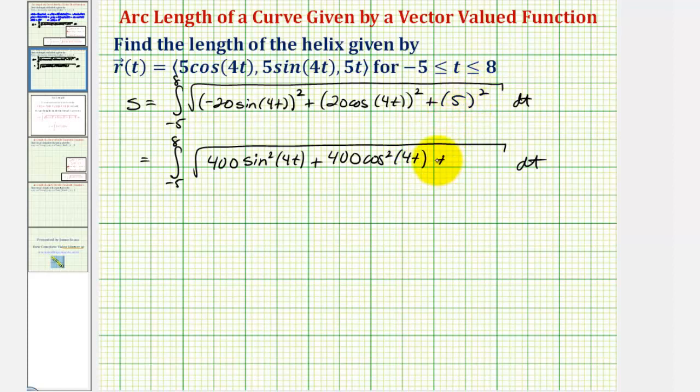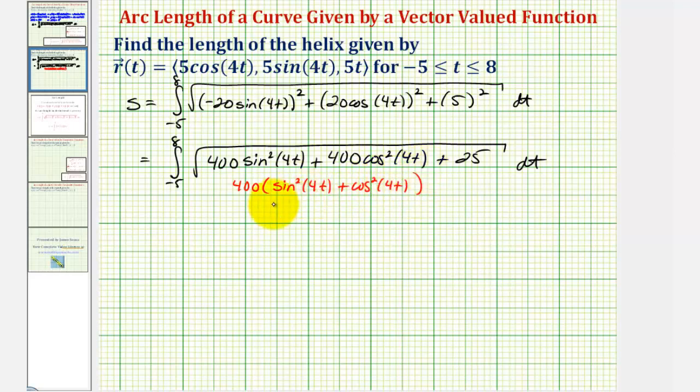Then, of course, 5 squared is 25. Now let's focus on these two terms here. Notice these two terms share a common factor of 400. If we factored out 400 from just these first two terms, we'd have 400 times the quantity sine squared 4t plus cosine squared 4t.